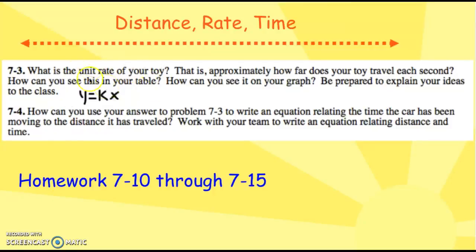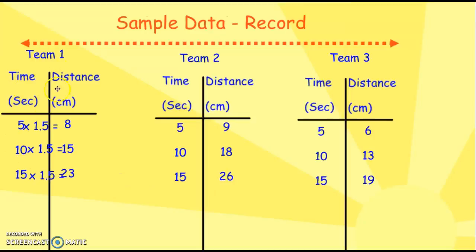This one I had to figure out unit rate. So I need to figure out what my constant multiplier is, and that's when x is equal to 1. So I went back to the table that I used, and I saw that it's about 1.5 times x, because this is my x on a t-chart, x and y.